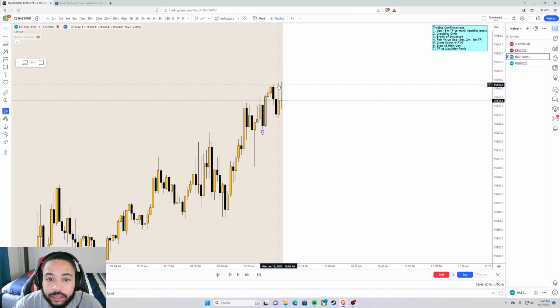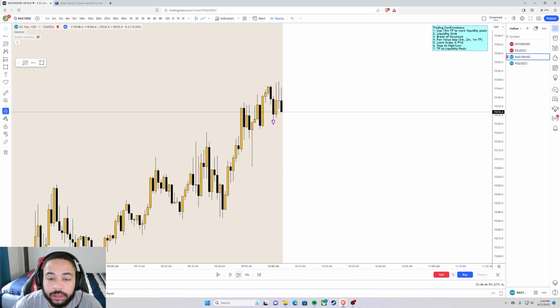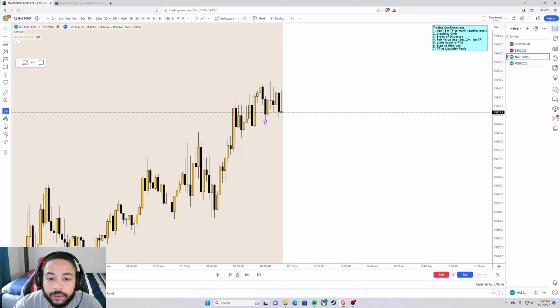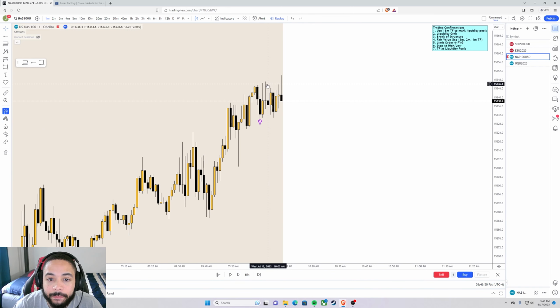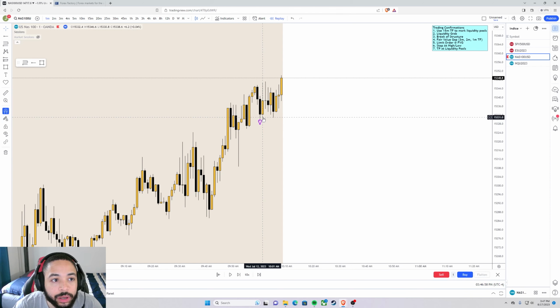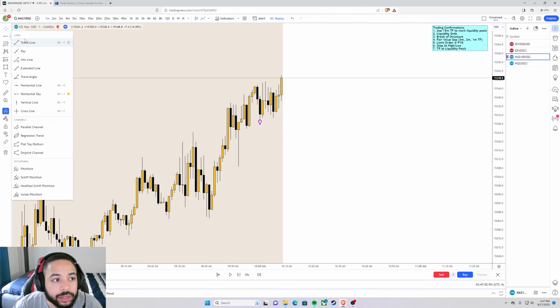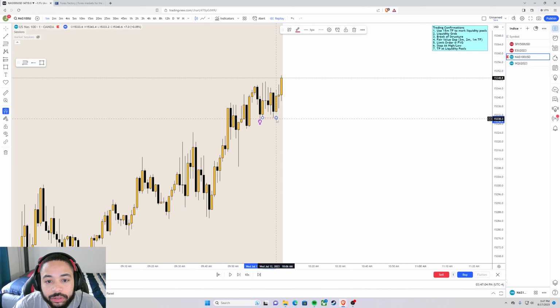Boom. The high got cleared again, structure point. This candle high got cleared again, structure point. Well, actually, I wouldn't use this structure point because these candles here make equal lows.